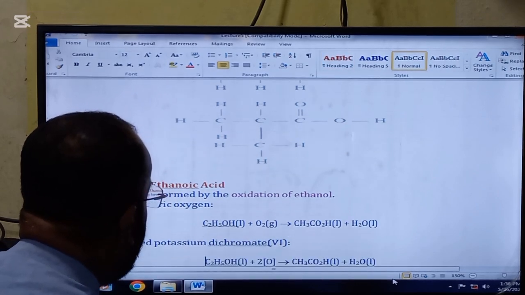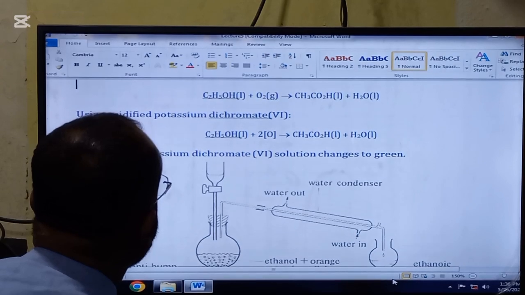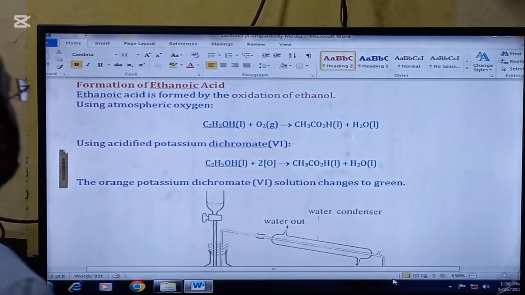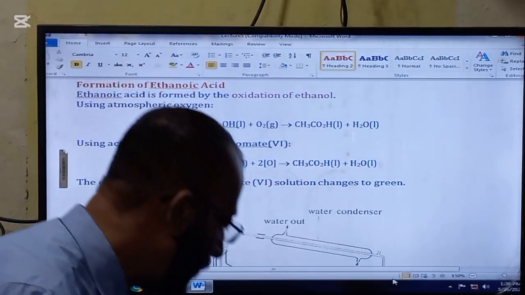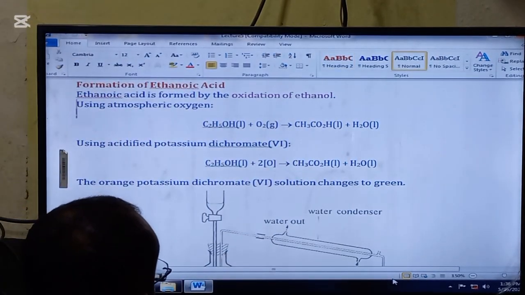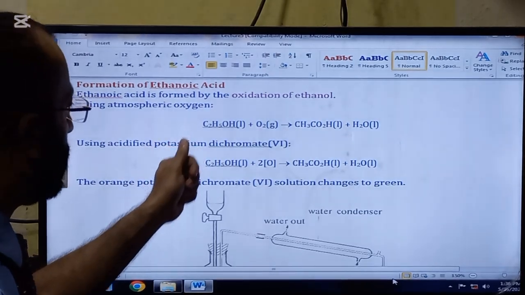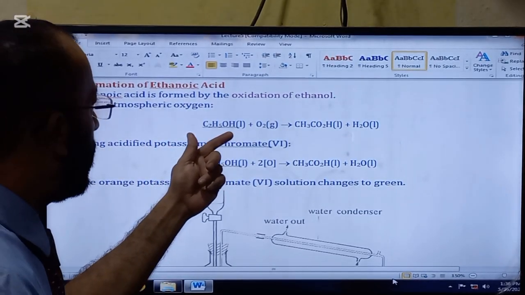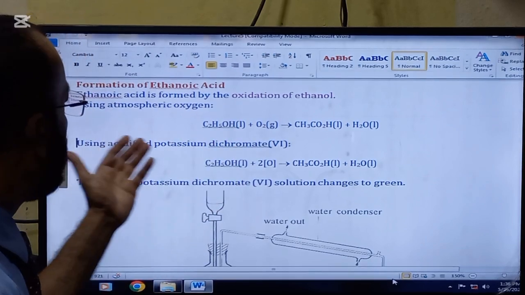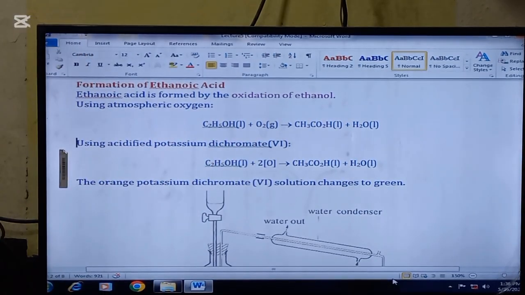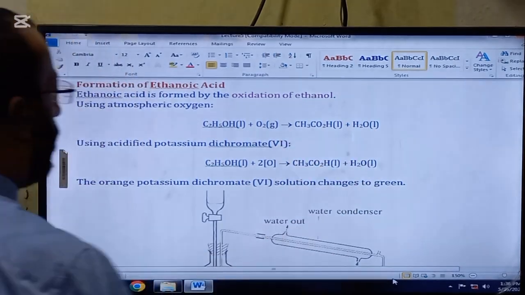Formation of ethanoic acid. Ethanoic acid is formed by oxidation of ethanol. Using atmospheric oxygen, when ethanol is reacted with atmospheric oxygen, ethanoic acid and water are formed.